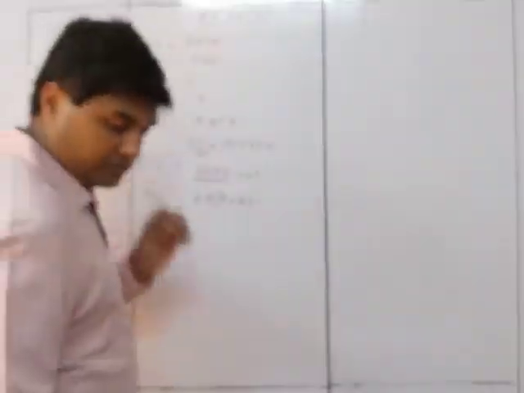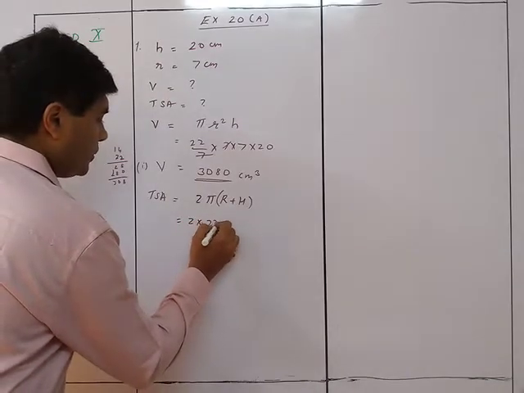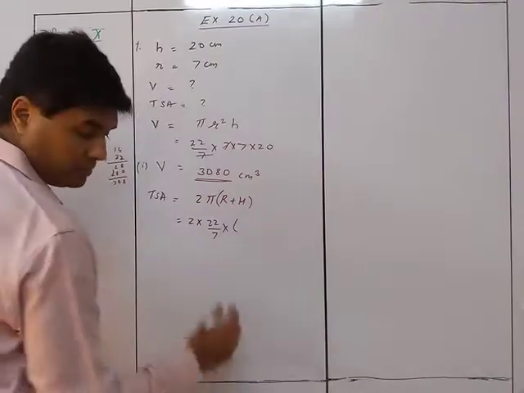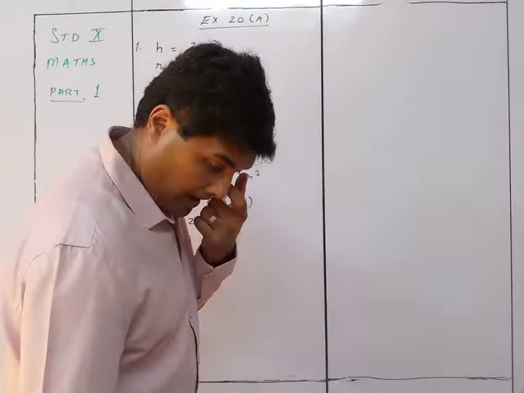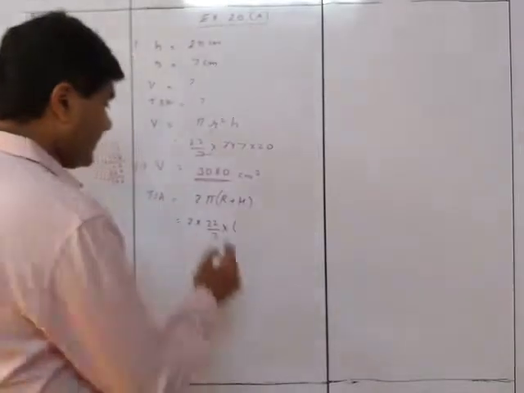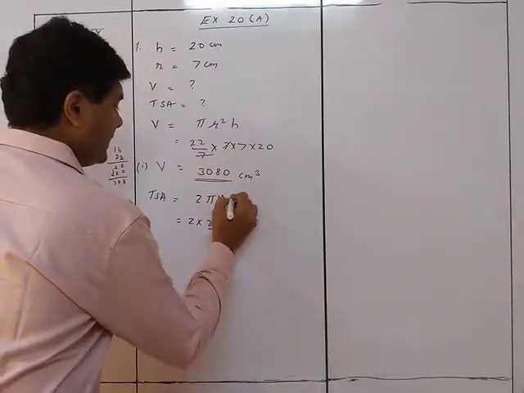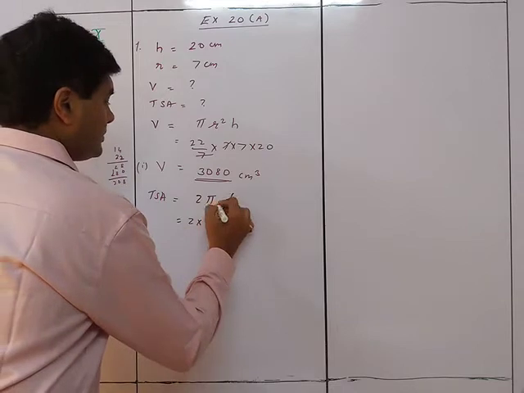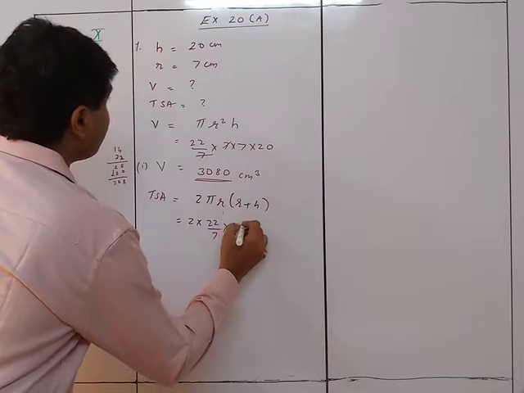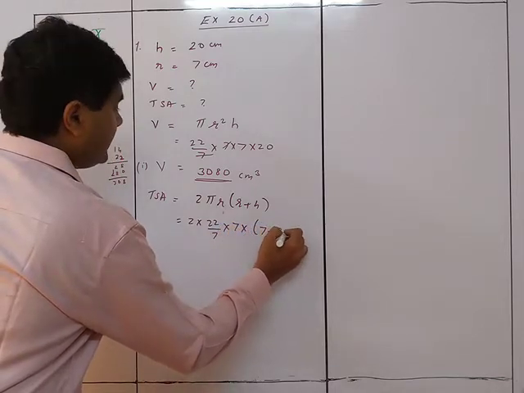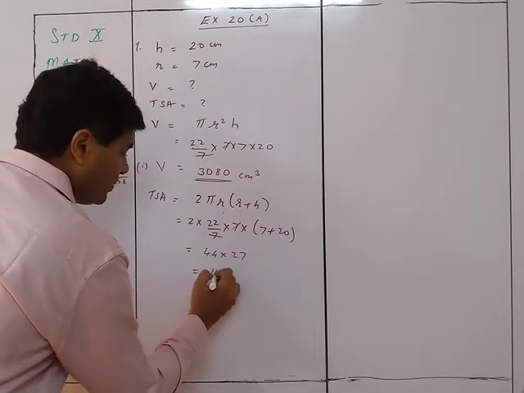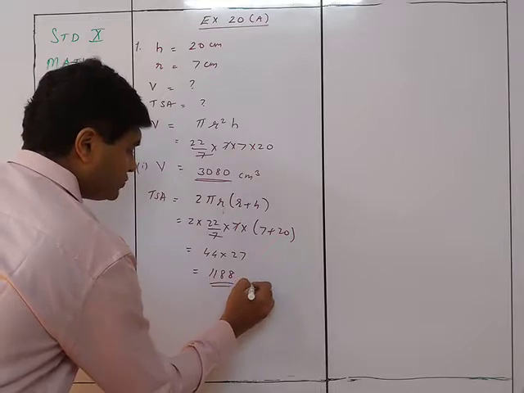So that will be 22 upon 7 into 7 into 7 plus 20. So this 7 gets cancelled. It's 44 into 27. That will be 1188 centimeter square.